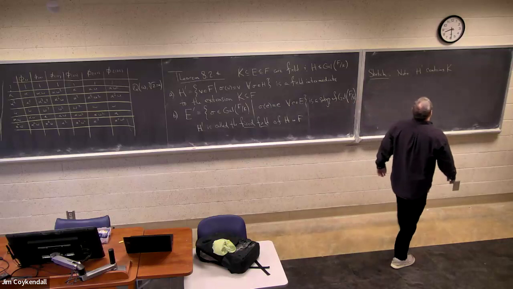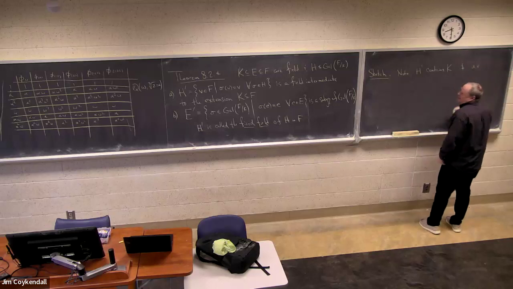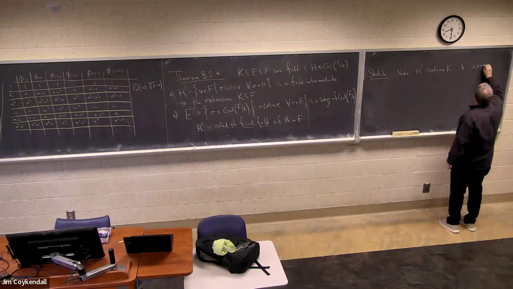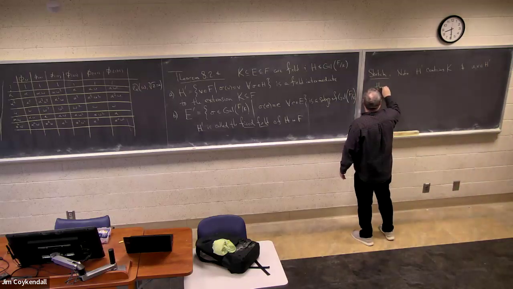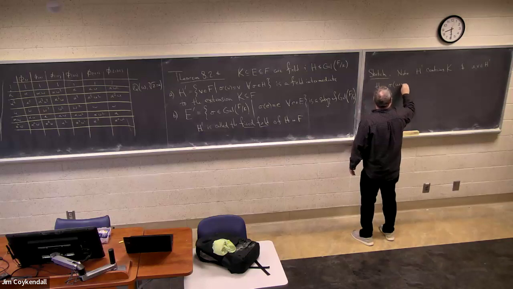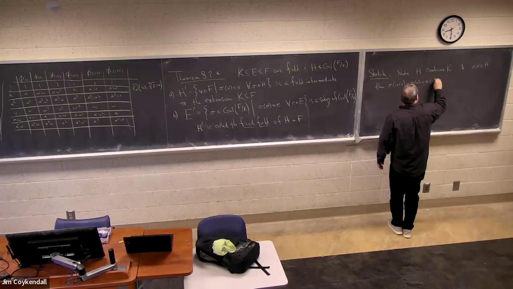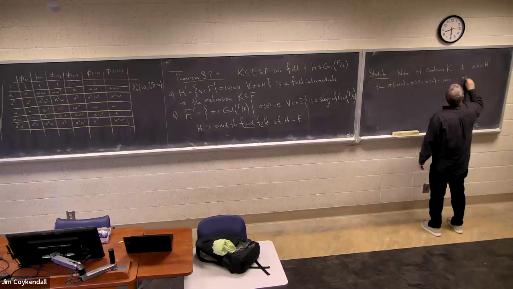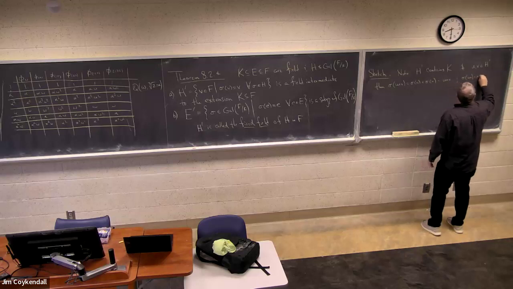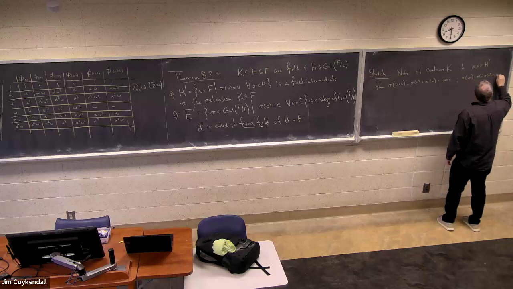And notice, let's say a and b are in H prime, then sigma of a plus b is sigma a plus sigma b, which is a plus b, and sigma of ab is sigma a sigma b, which is ab.